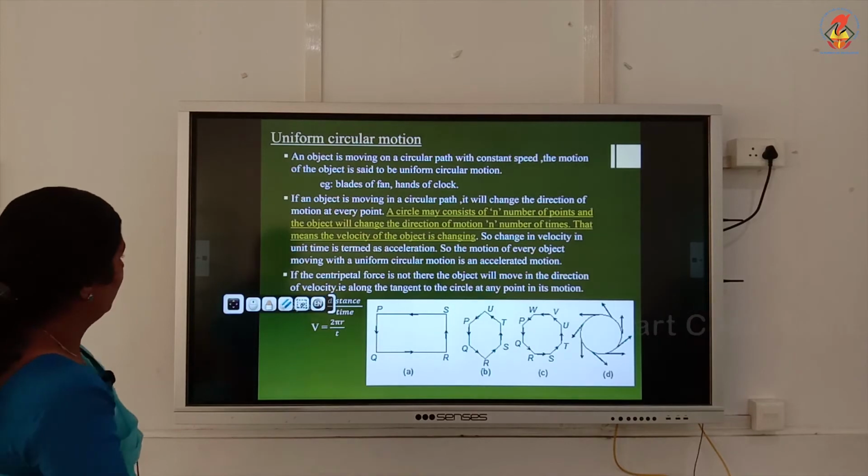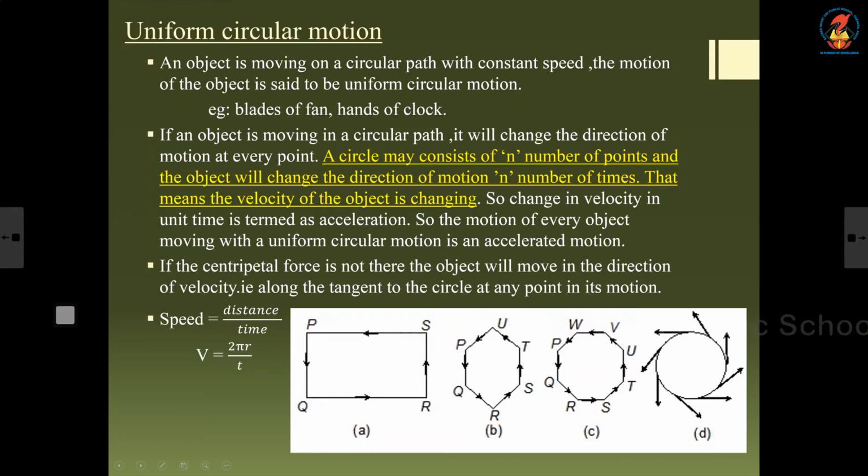The object moving on a circular path with constant speed is known as uniform circular motion. If an object is moving in a circular path, it changes the direction of motion at every point.